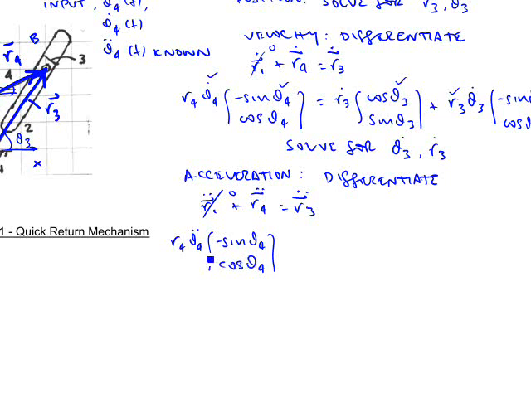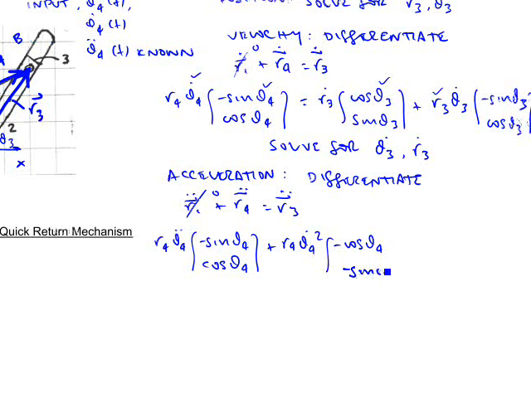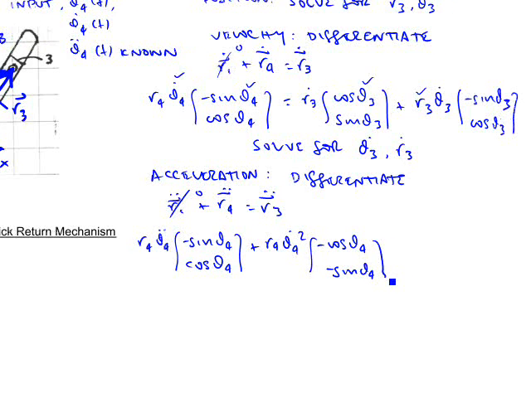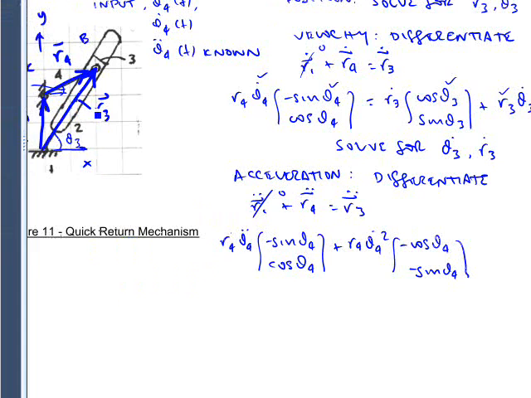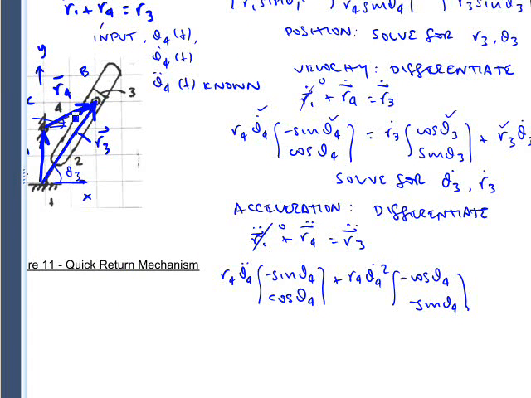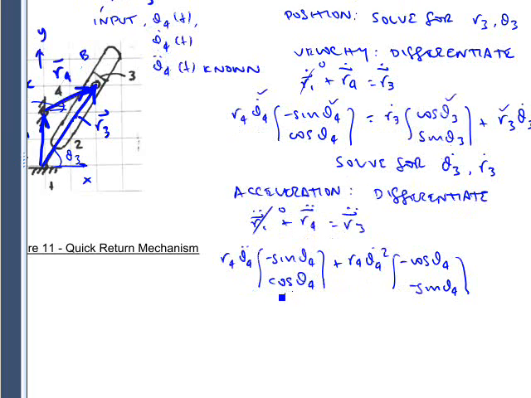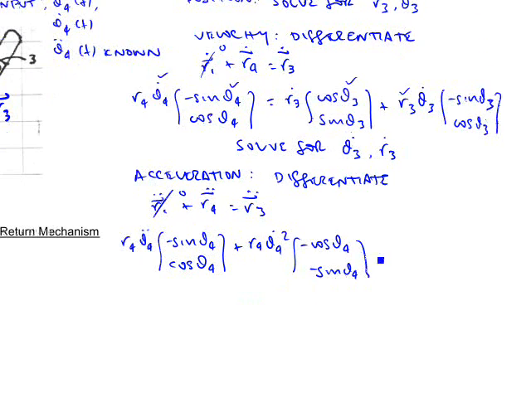I'm going to have normal, so I'm going to need an r4 theta 4 dot squared. That was in the minus radial direction. So that should be it. In other words, the acceleration of B relative to C only has a tangential and a normal part. So that's r4 double dot, and that's got to equal r3 double dot.